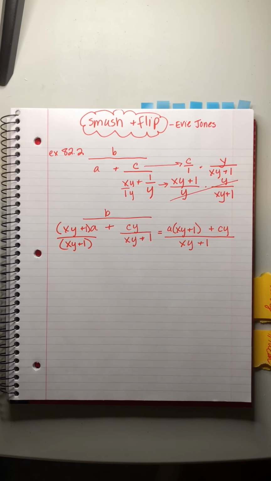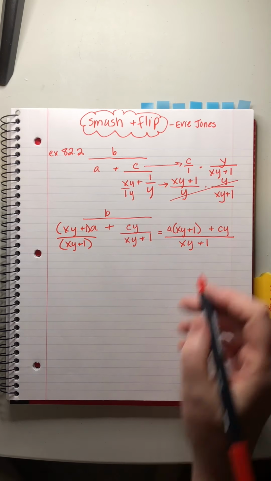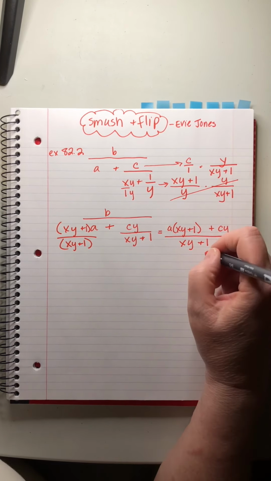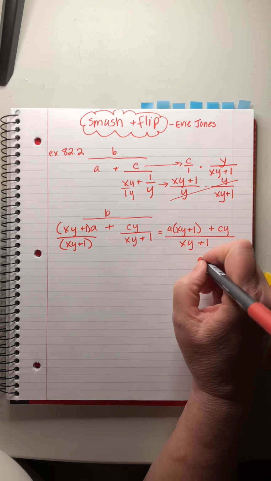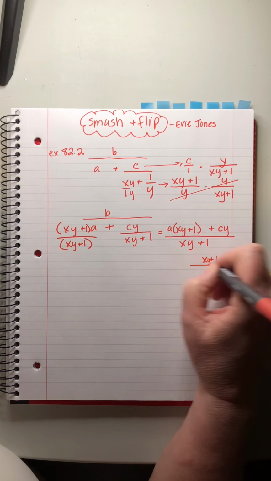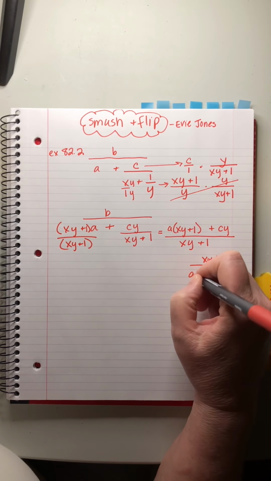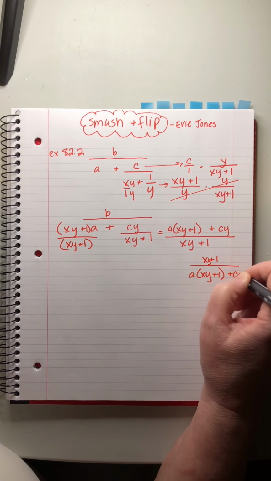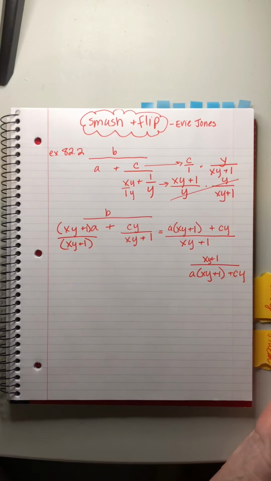Okay? That's my new denominator. Now I have to multiply it by its reciprocal. I ran out of room, didn't I? I'm going to have to multiply it by xy plus 1 over a times the quantity xy plus 1 plus cy. That's the reciprocal, right?